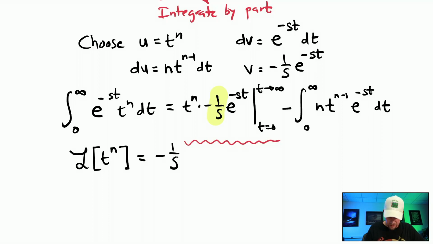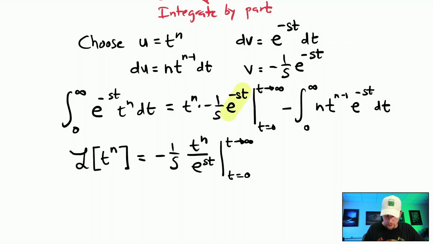Then I have t to the n in the numerator. And just to make this very simple, because this exponential has a minus sign, I'm going to rewrite it in the denominator, e to the s times t. And I'm going to take the limit as t approaches infinity and as t equals 0.